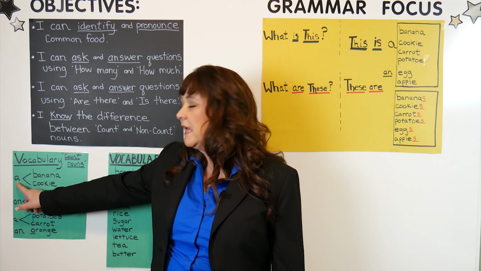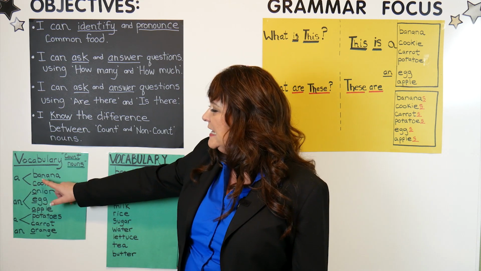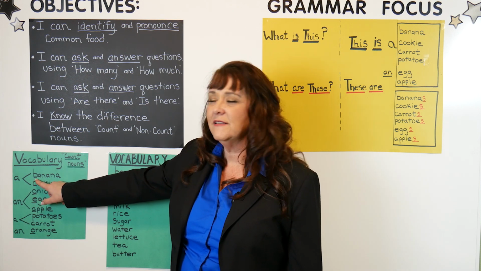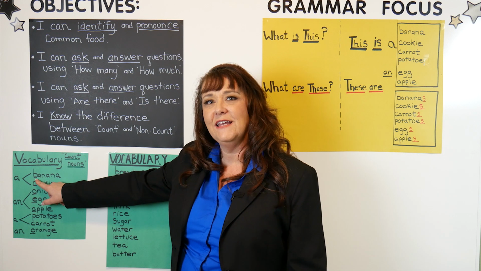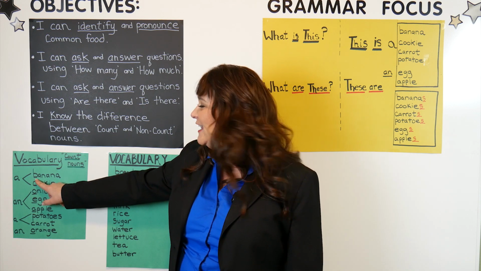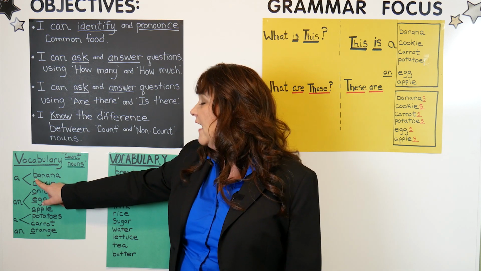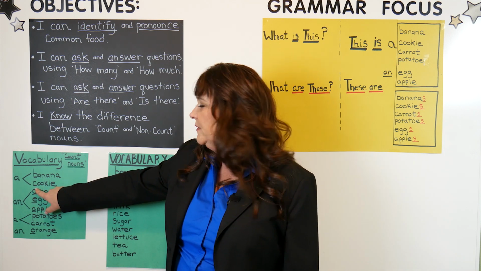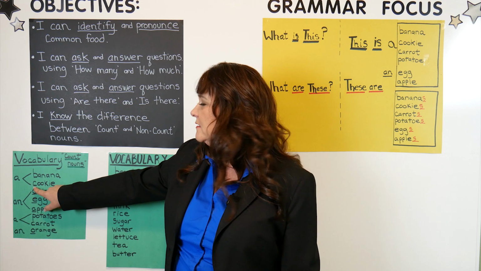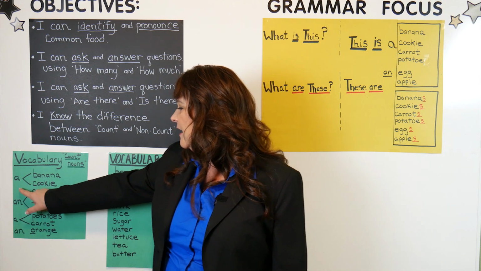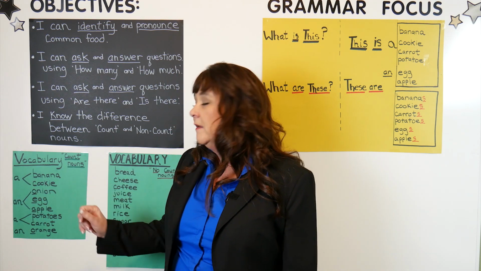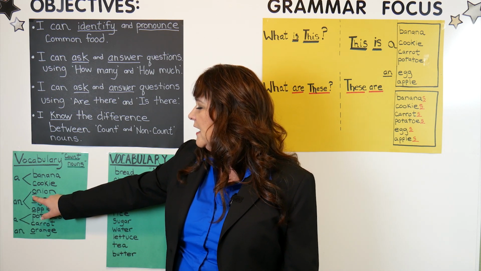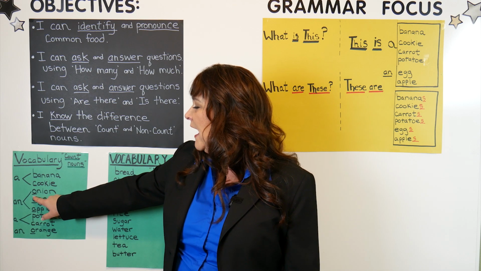We use the word a before any noun that starts with a consonant. A consonant is B, C, D, F, any letter that's not a vowel. So here we have the letter C. A C is a consonant. So we say a cookie. But when it changes is when the first letter of the noun starts with a vowel.